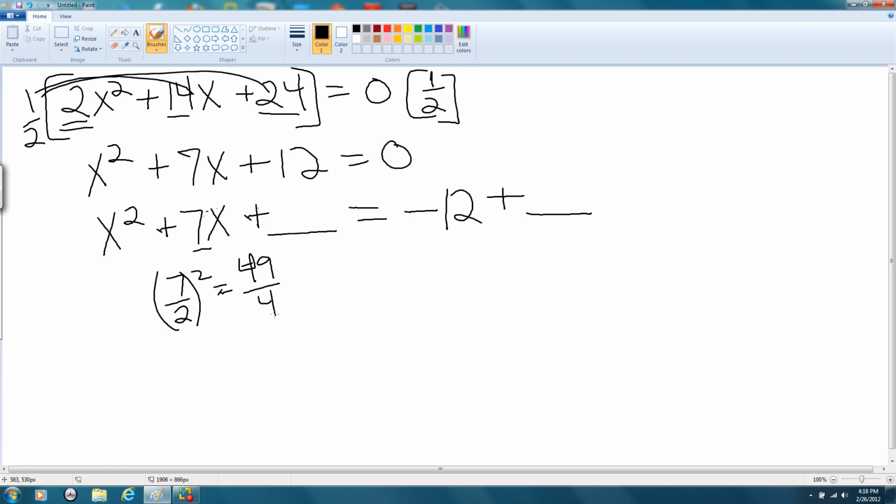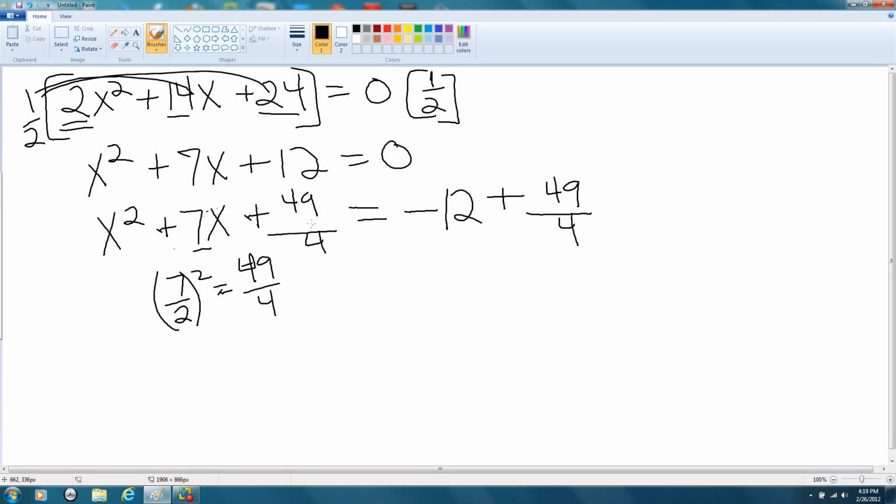So what we have to add on both sides here is 49 fourths, using this bar as the fraction bar. Because we took half of the 7, it's going to be 2 times 7/2 is 7 times x. That's what we want. And then we have to add it over here. Okay, so I've done that.